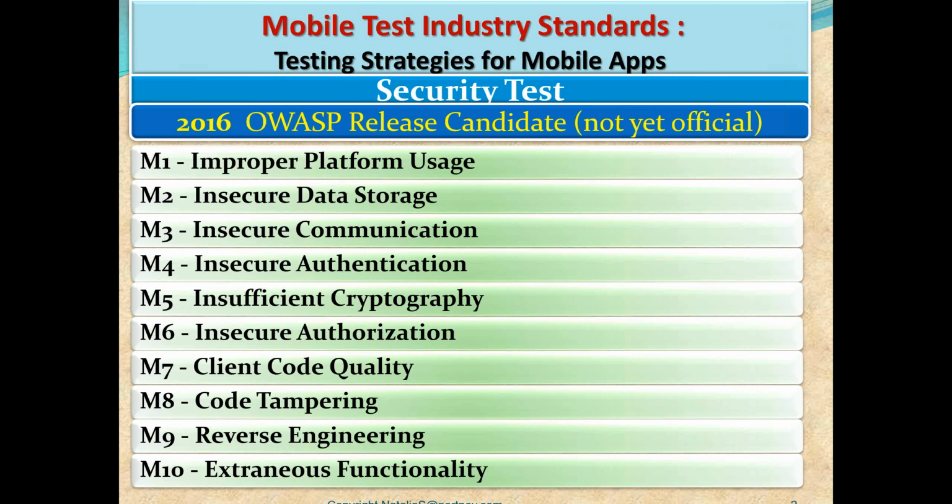So let's just go to insecure data storage. And basically, sometimes they combine categories. So this is a new category altogether, and it's a combination of M2 and M4 from Mobile Top 10 2014, that was the latest release.